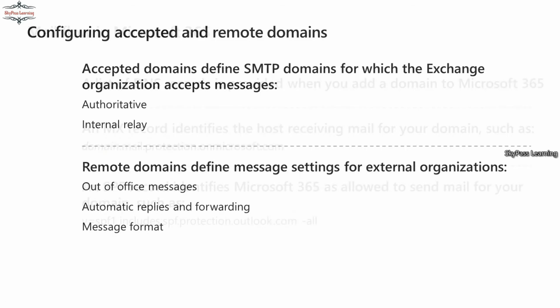Now, the second part is that we have to add the accepted domains. What are the accepted domains and what are the remote domains? When you are configuring an accepted domain, that ensures that you are able to accept the email messages for that particular domain. That would be considered an accepted domain.